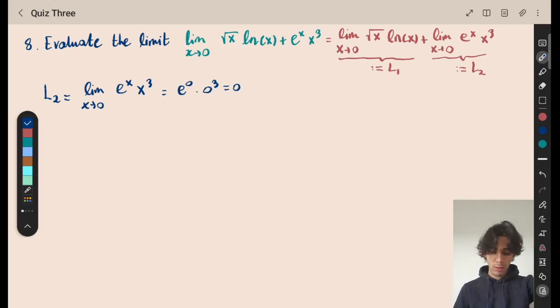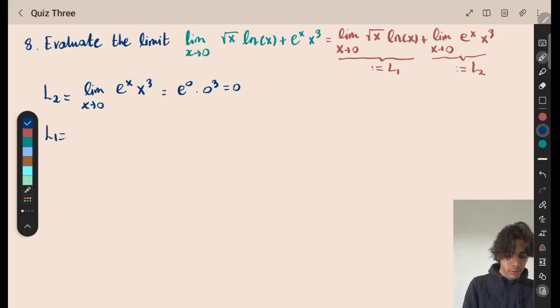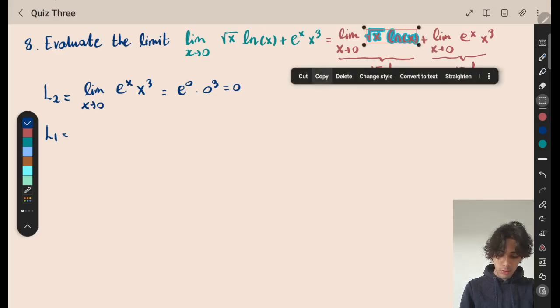And next, what we would like to do is look at the first limit, which is as follows.